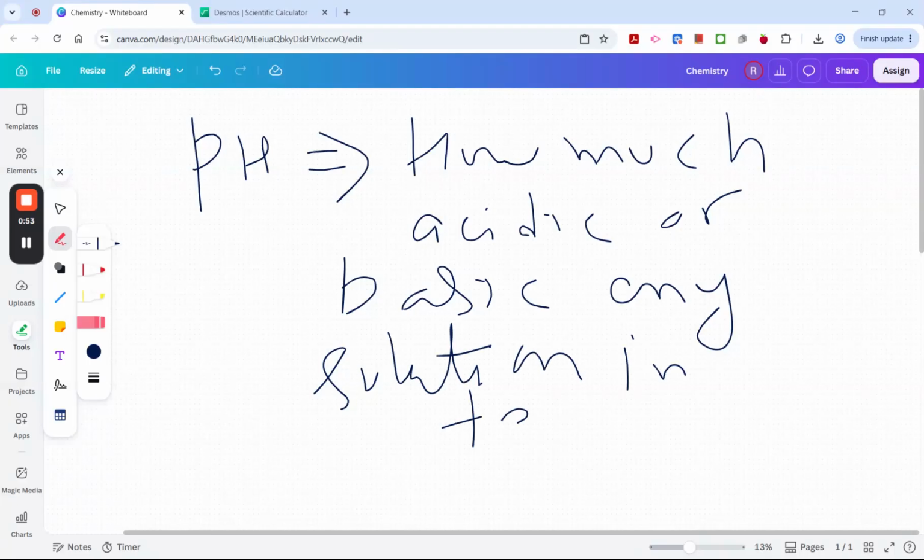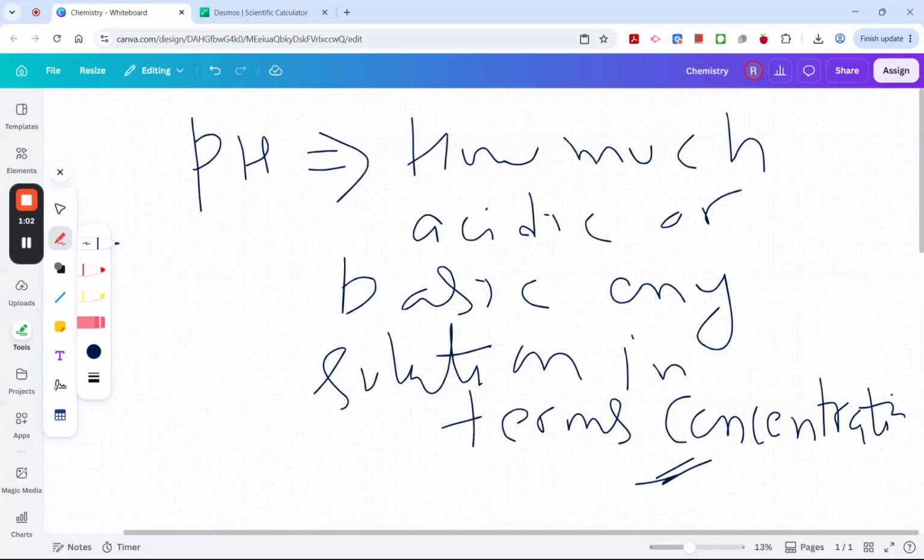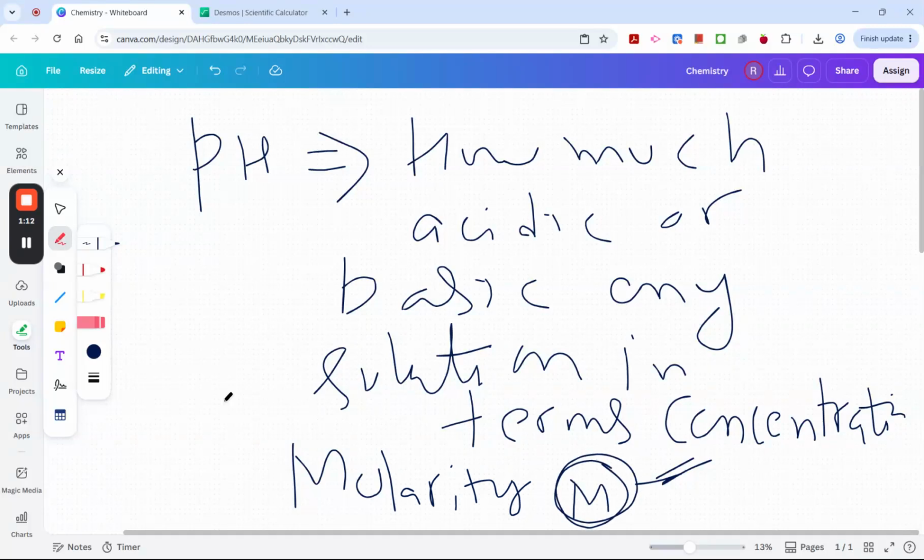Concentration means I'm talking about the molarity, so if I say concentration, molarity, you have to look at the unit M.